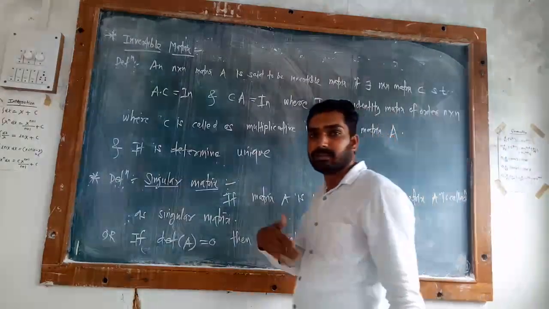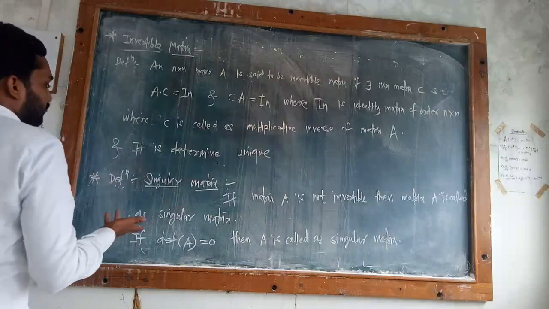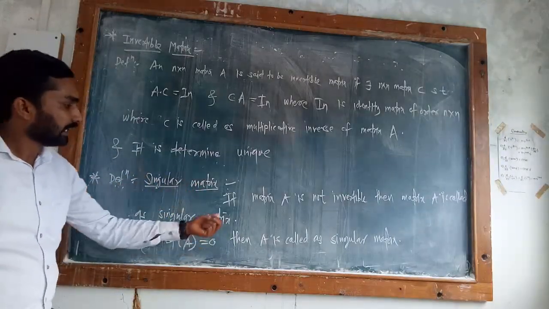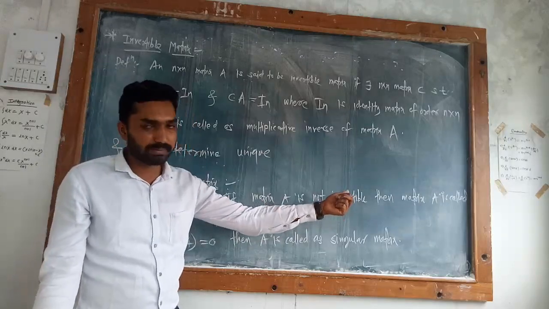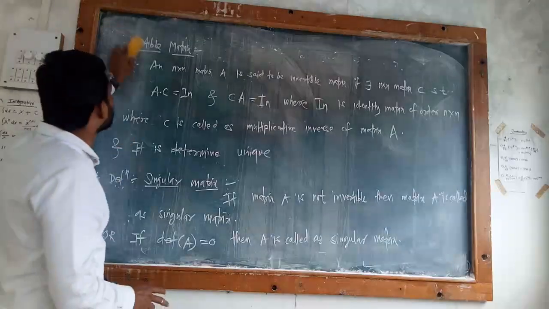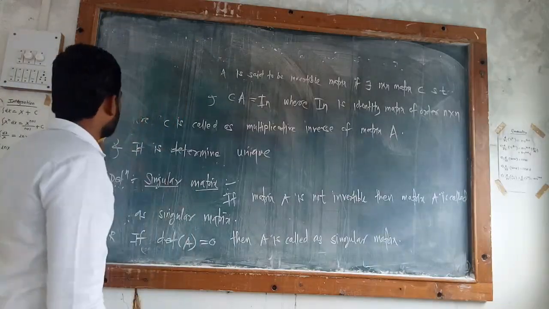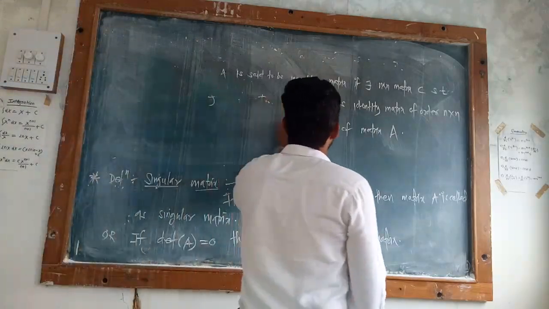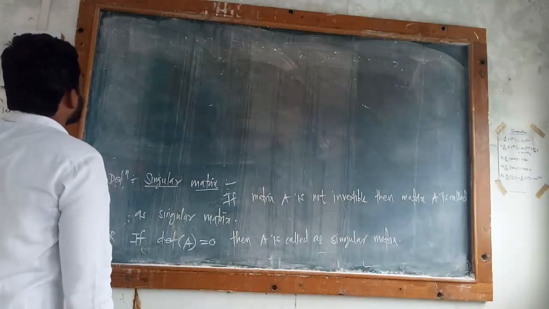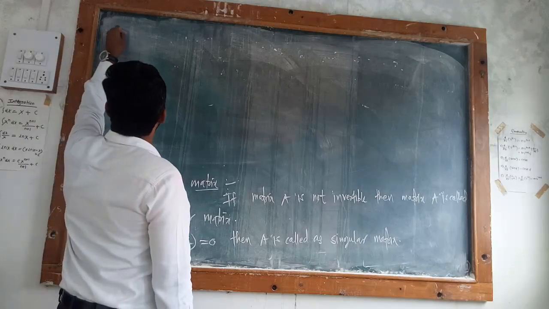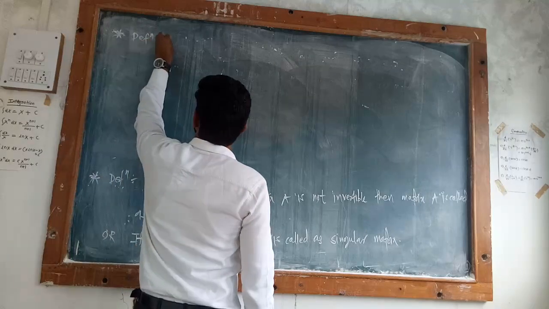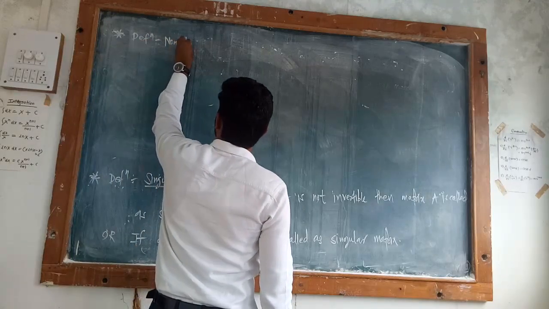Okay. So similarly, what do you mean by a non-singular matrix? If matrix A is an invertible matrix, we have to erase only the not words. So the next definition is non-singular matrix. What do you mean by a non-singular matrix?